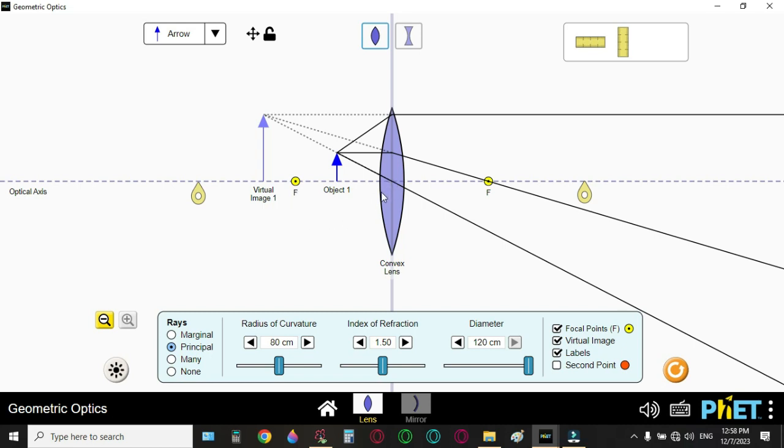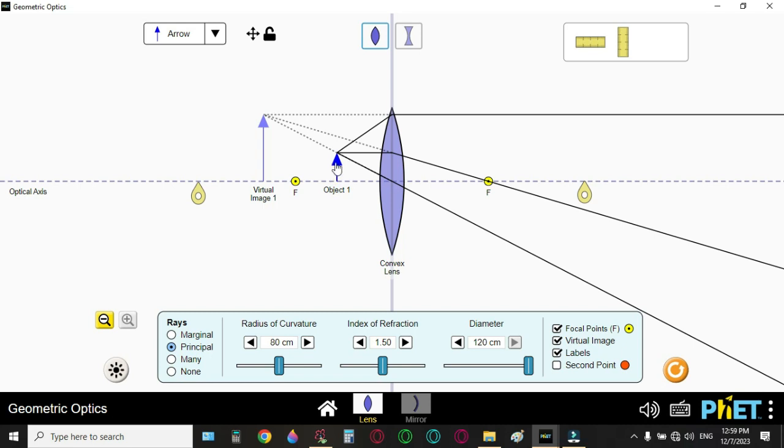Okay, so as you can see, it is quite interesting because in most of the cases the images are formed on the other side of the lens, but in this case, if the object is between the focal point and the vertex, the image will be formed on the same side of the lens. So the image is formed at the side where the object is located, so that the object and the image are on the same side of the lens.